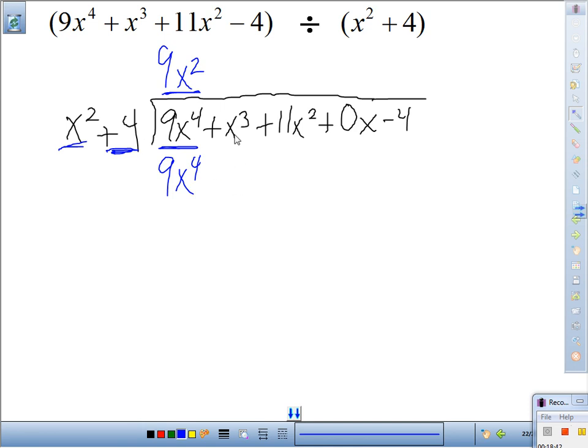Do I put it under the x cubed? No, I put it right here. Positive 36x squared. Minus and minus. This cancels. My remainder here is negative 25x squared.